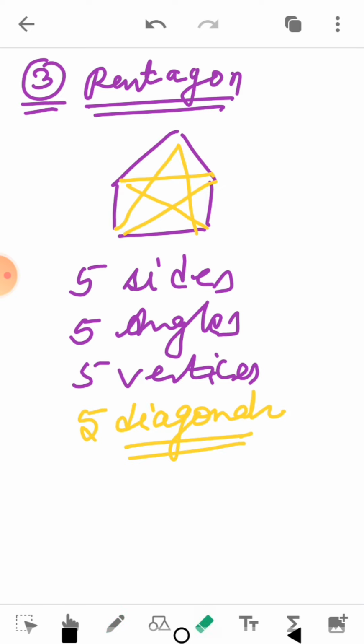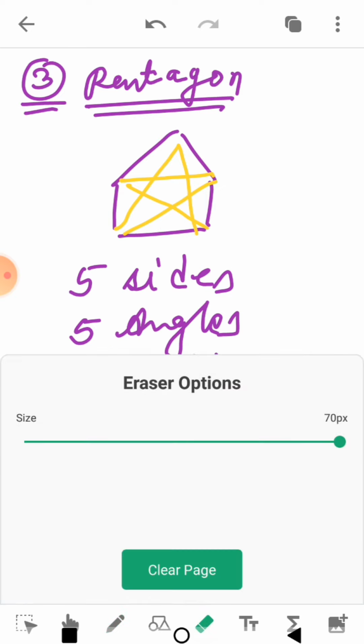The next topic is the concave and convex polygon. So first is the convex polygon.